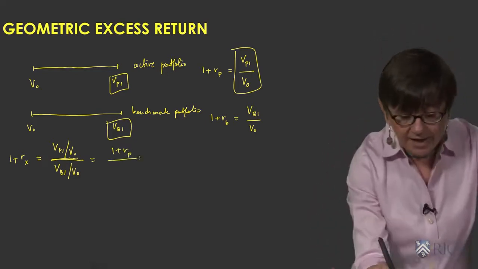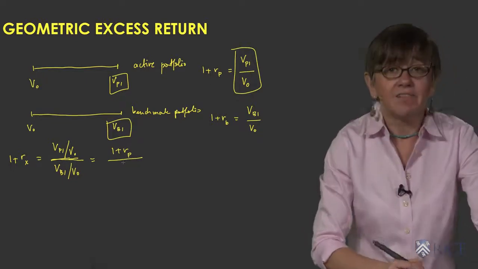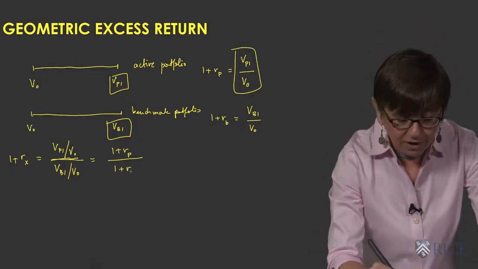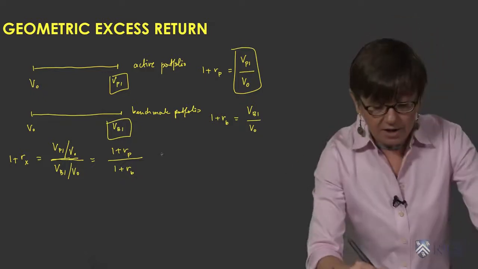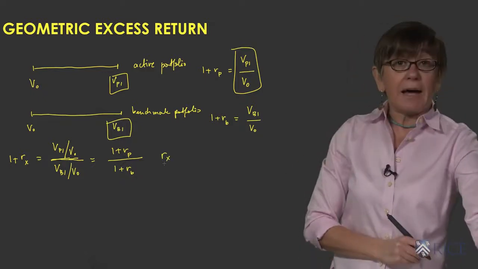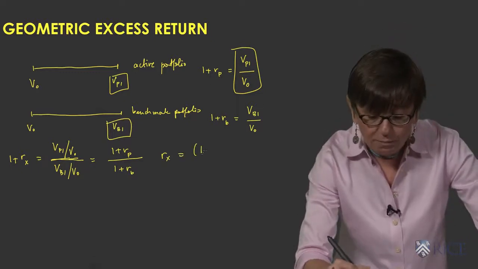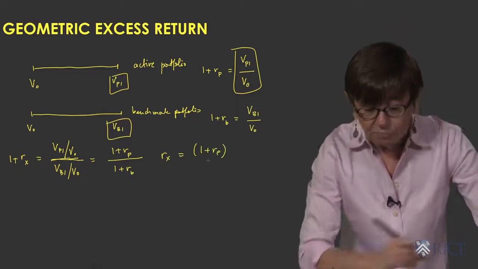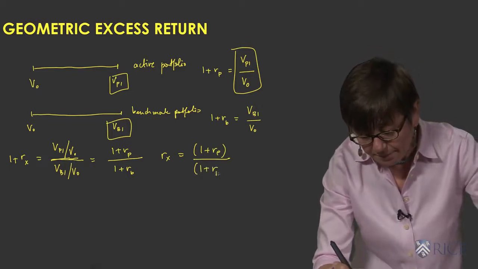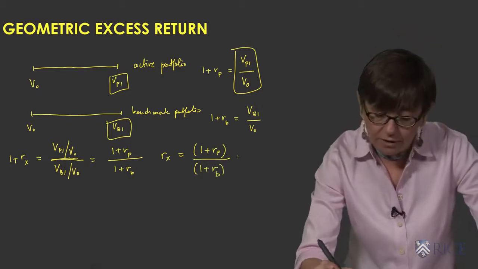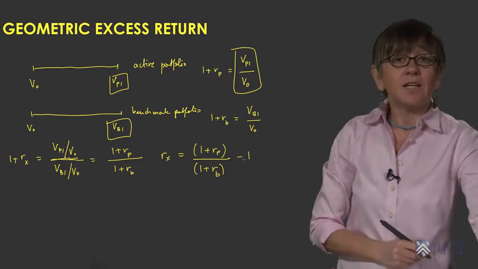And the denominator is 1 plus RB. So now we have an expression for the excess return. The compound excess return is simply 1 plus the portfolio return divided by 1 plus the benchmark return, minus 1.